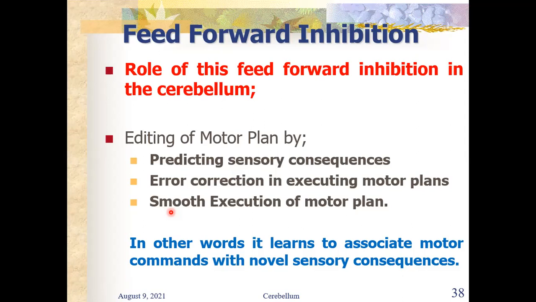So that motor plan is there. That feed-forward inhibition is there to help to maintain and match the motor plan and the sensory information. So if the sensory information that is coming in to the cerebellum does not match the motor plan that is being executed, then the feed-forward inhibition comes into play to correct.